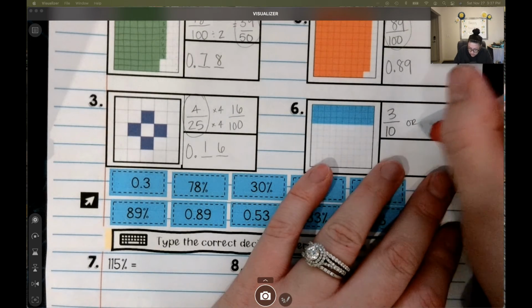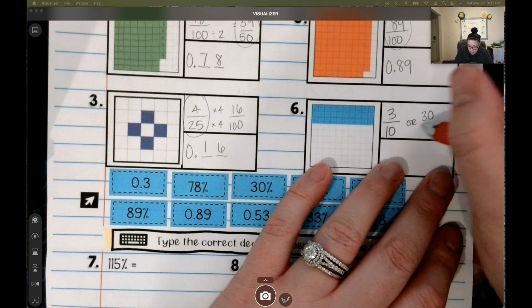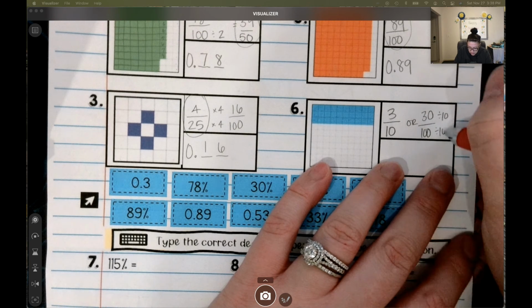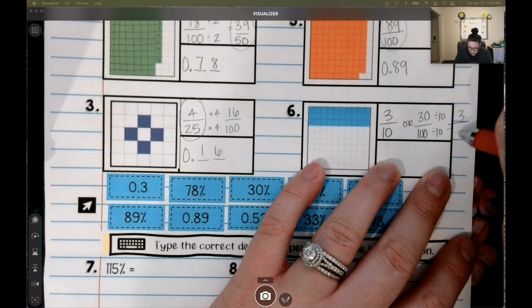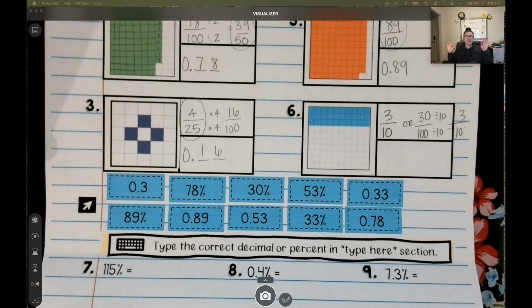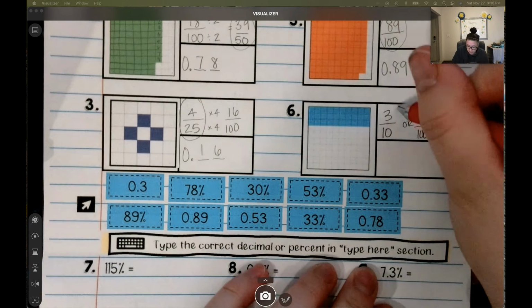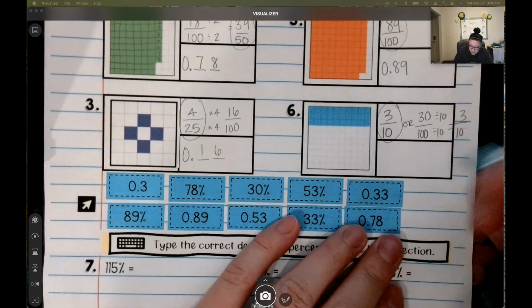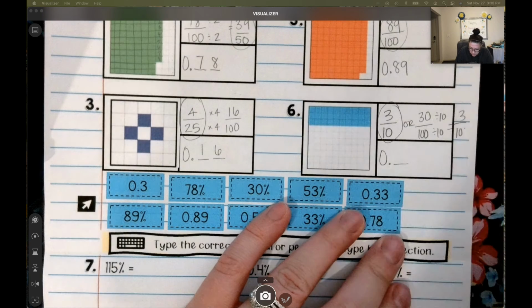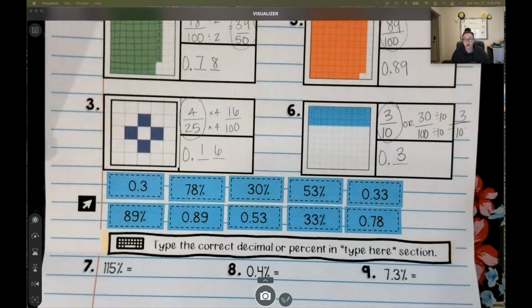Or you could have counted a full 30 out of 100, and then divided them both by 10 to get 3 out of 10. Either way works, you still arrive at the same number. And as a decimal, 3/10, 1 number after the decimal, would be 0.3.